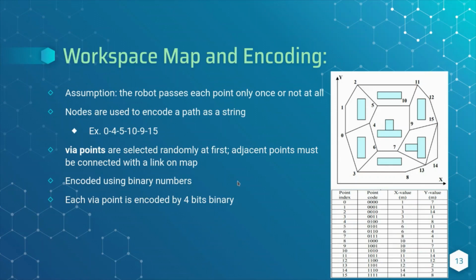Using the genetic algorithm, via points are selected randomly at first, while adjacent points must be connected with a link on the map. A path of a mobile robot is encoded using binary numbers, where each gene in a chromosome is encoded by 4-bit binary, as shown in the table alongside.